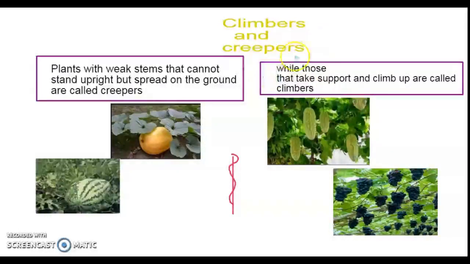They are climbers. They climb on a stick and start growing on it. So a plant which takes support and grows on it is known as a climber, and the plants which crawl or spread on the ground are known as creepers. Why do they do so? Because their stems are really weak.